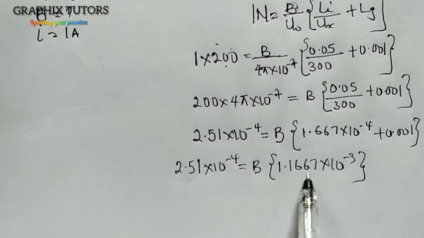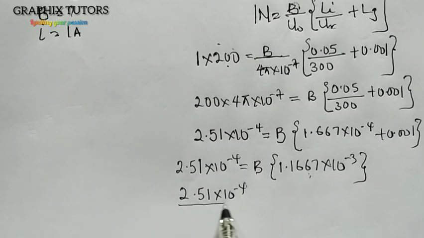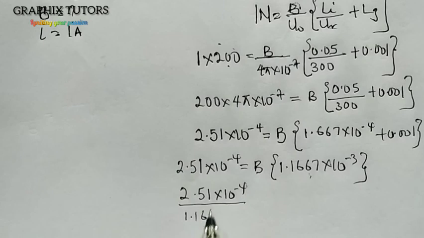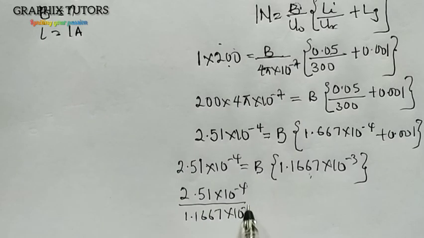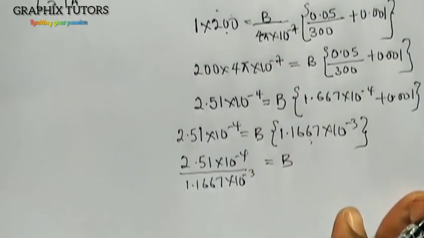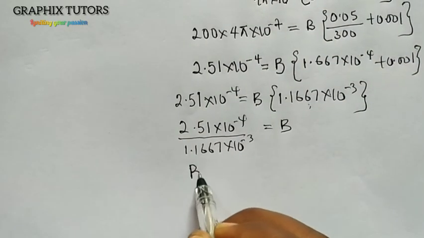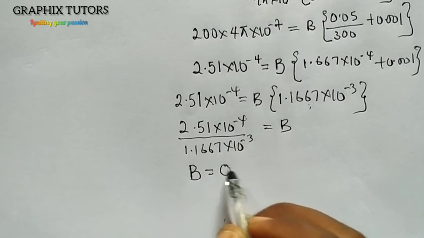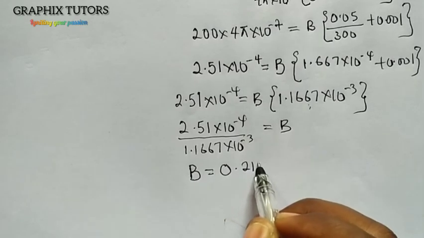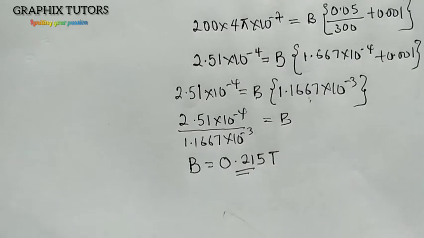Now if I divide both sides by this, I'll have 2.51 times 10 raised to the power minus 4 all over 1.1667 times 10 raised to the power minus 3, and that'll give us B. So B is equal to 0.215 Teslas. So that will be our answer.